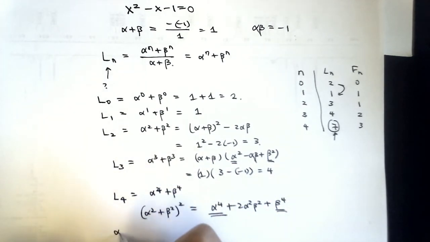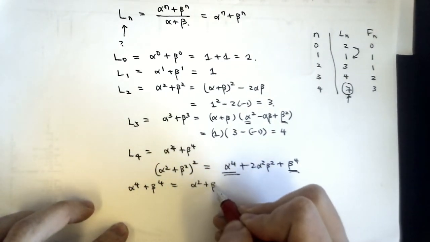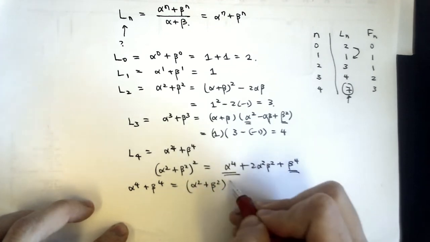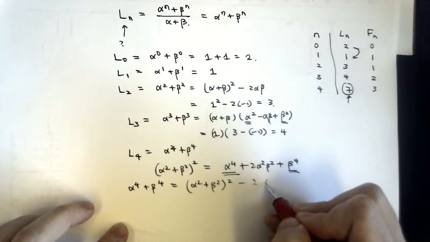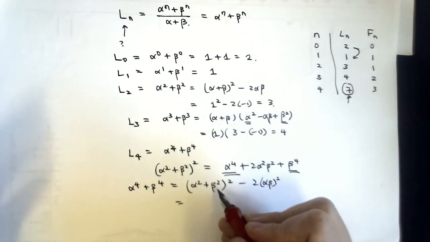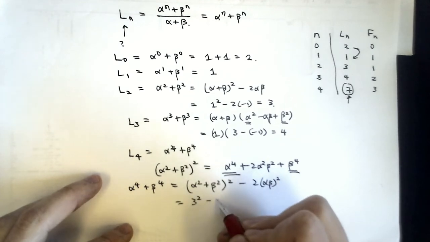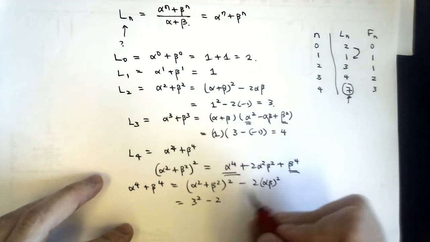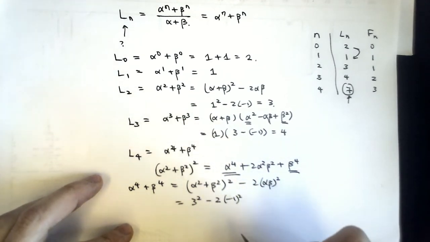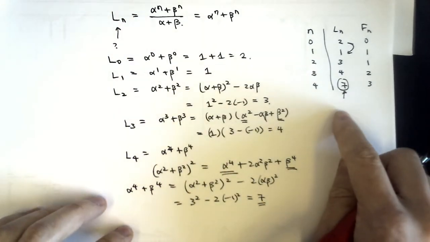So alpha 4 plus beta 4 will be equal to alpha square plus beta square, all squared, minus 2 alpha beta all squared. So we just plug in the numbers we have. This is 3 squared minus 2, and then alpha beta will be minus 1, but it is squared, so we have 7. So indeed, this is correct.